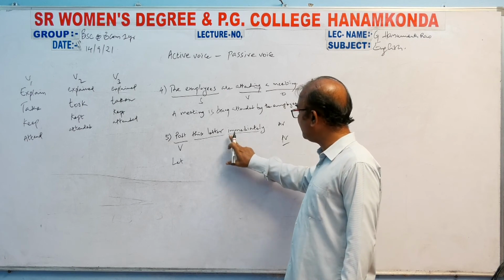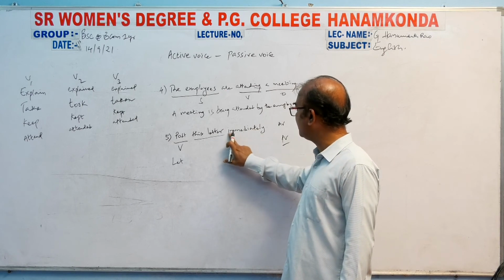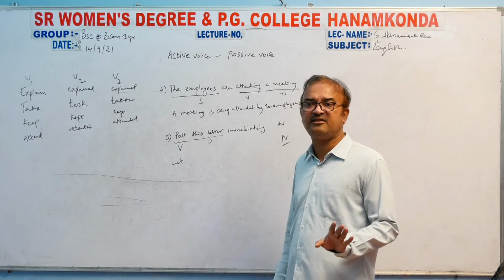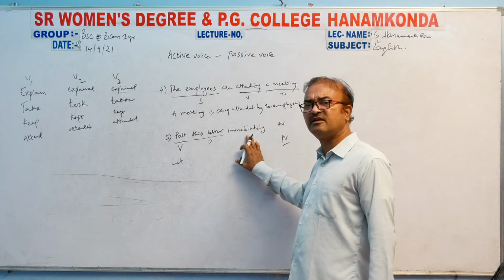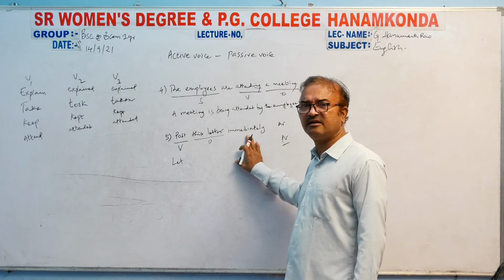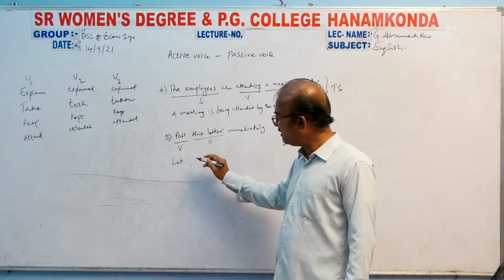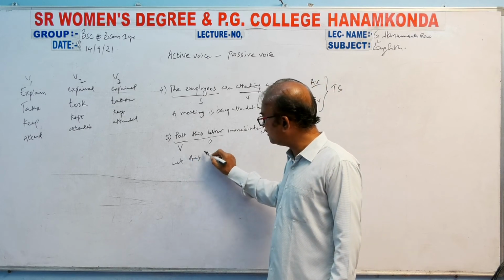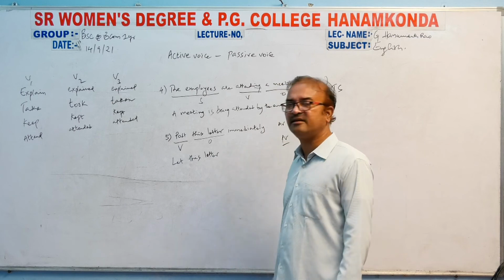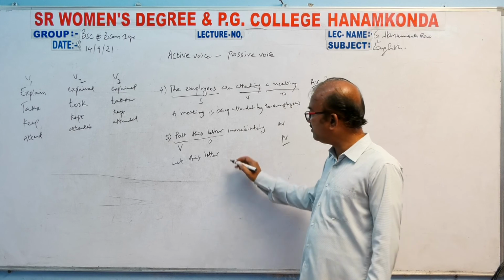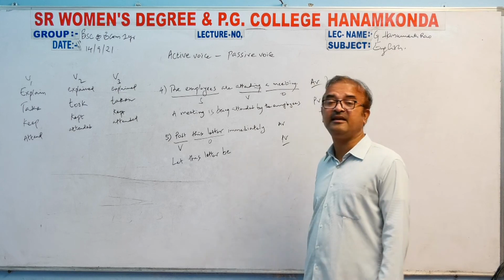Let's separate it for a while. This letter is the object. Let us leave this immediately for a while alone. So let, what is the object here? This letter. Let this letter, then we have to add a helping verb, be.